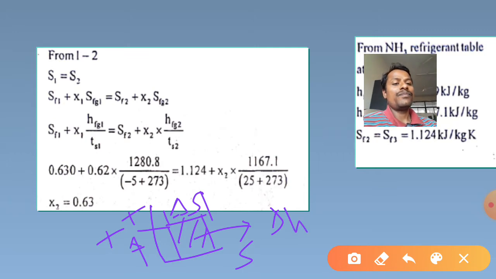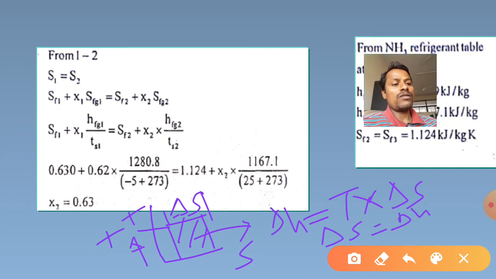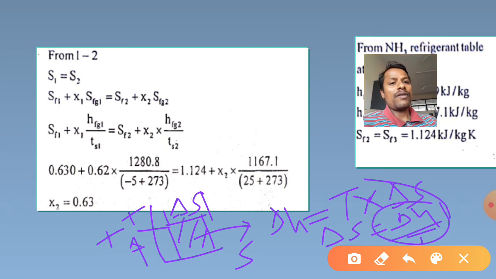So I can write delta H is equal to T into delta S. Therefore delta S is equal to delta H upon T. The same formula has been used here, that is HFG1 divided by T saturation 1.